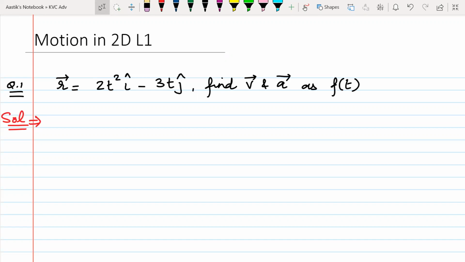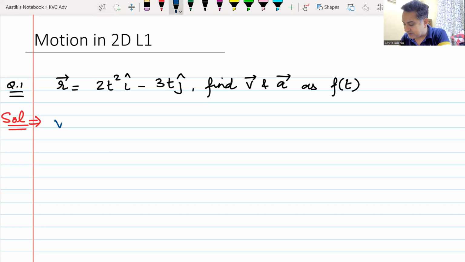Okay, so I have the answer straight away, and the velocity is the derivative of this. So I will just differentiate: 4t i minus 3 j. That is the velocity.